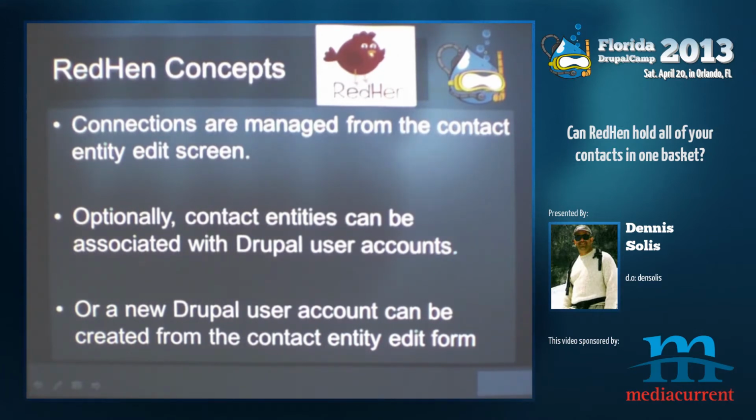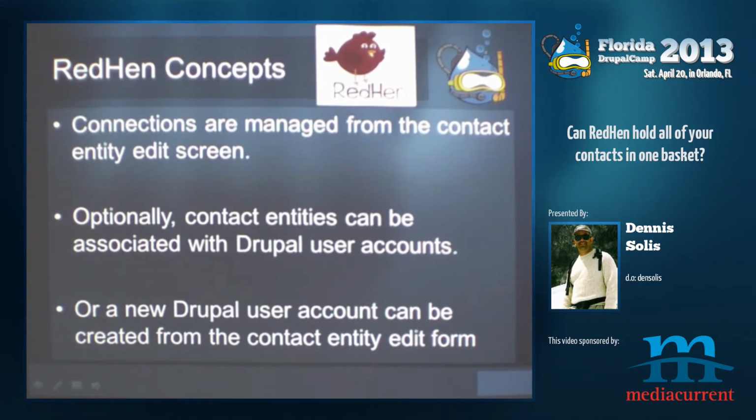Oh, this is kind of cool. We talked about one of the big things about Drupal and CRMs, is CRMs are going to allow you to track non-users. So we talked about you have 1,000 people you want to keep track of, but they're not a user on your site.